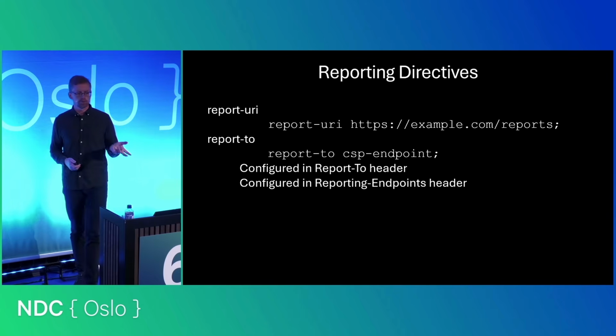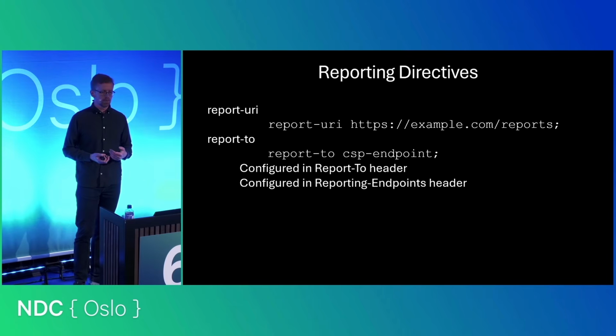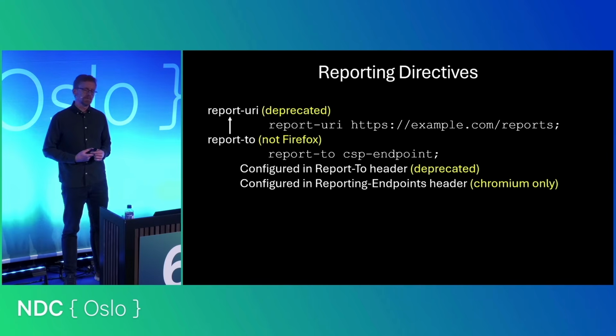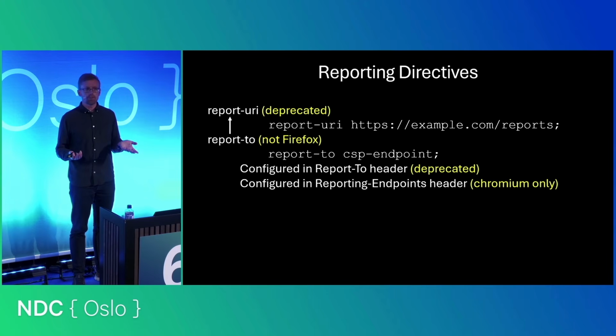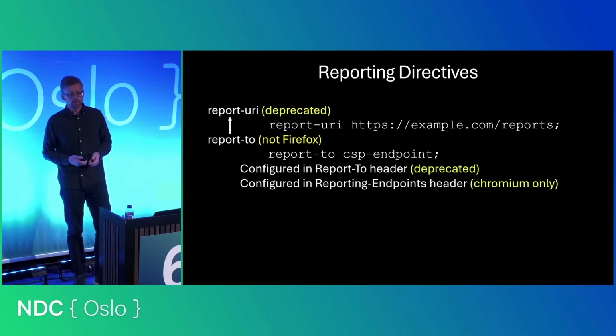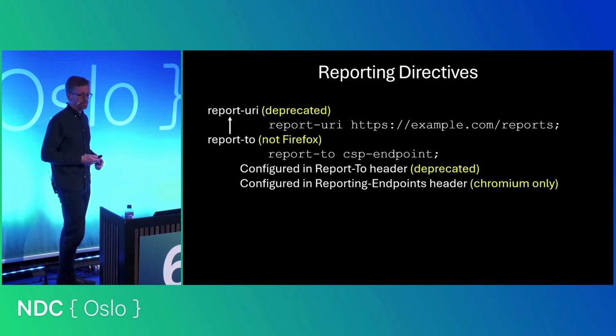So you can do it with just a URI to your reporting endpoint, or you could use report-to, where you have to specify that in a separate header. Support doesn't look too good, but there's a fallback, so you can implement both, and the browser will take report-to if it understands it, otherwise report-uri. And I think report-uri will be usable for a number of more years, so you can stay with that if you want to.